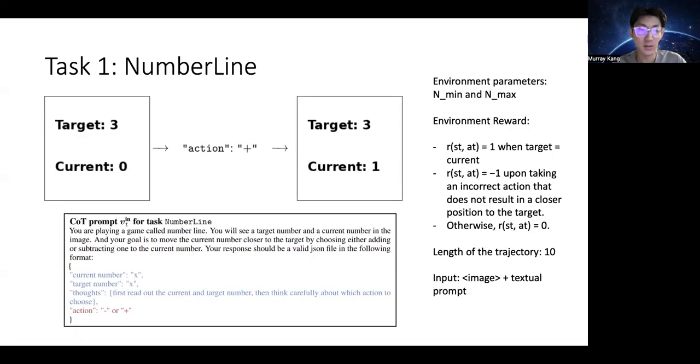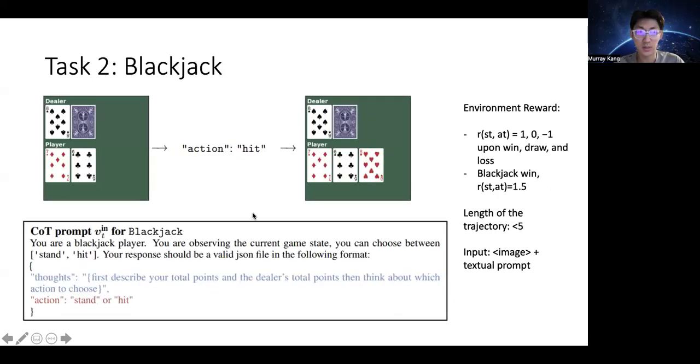Okay. So here's our text prompt. We have the current number, x, and the target number, something like that. And we need to first do a chain of thought, and then we do an action, plus or minus. Okay, so next one is the BlackJack. So also we have an input image, and we can take an action, hit or stand.